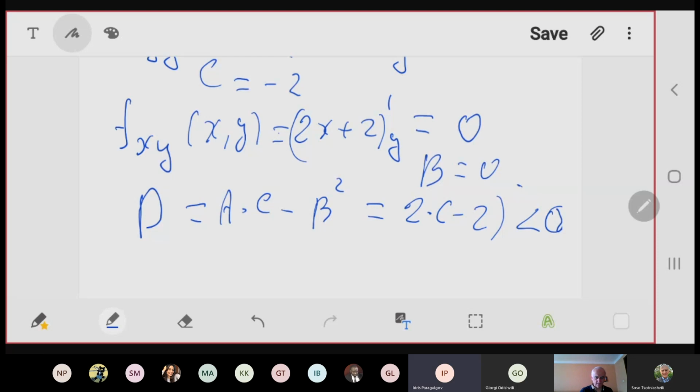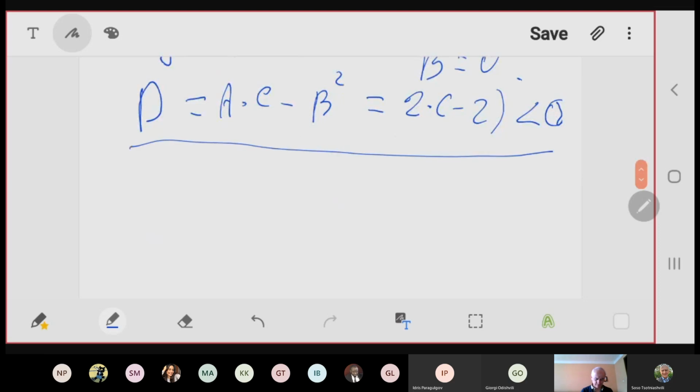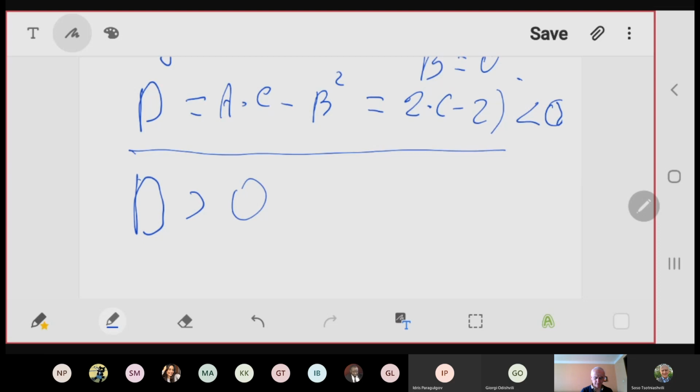Look, Idris, look. When we calculated this D, there we have 3 cases. When D is positive, it means the function has a local maximum or local minimum.